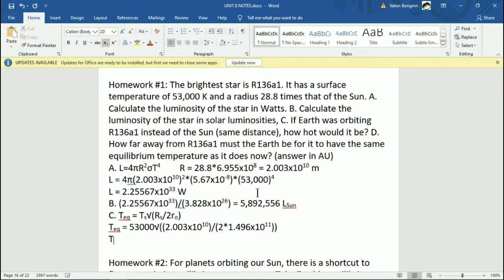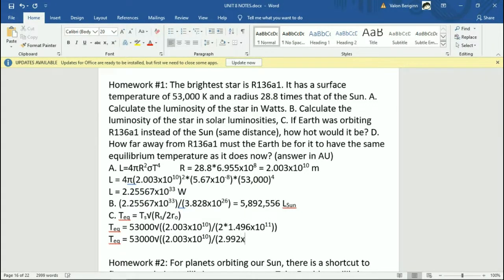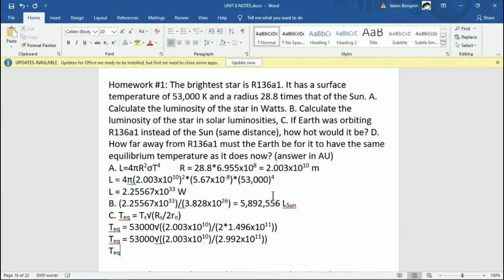Okay, so what do we get? Let's just divide this here. So 2 times 1.496 gives you 2.9. Dividing that is actually pretty simple because this is 10 to the 10 divided by 10 to the 11, so that's just 10 to the minus 1.